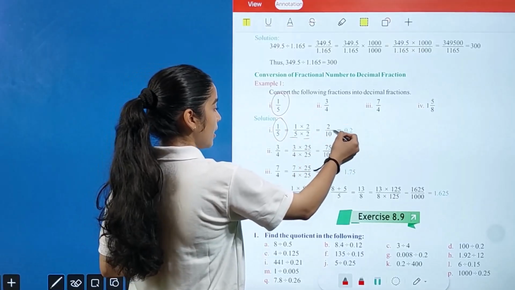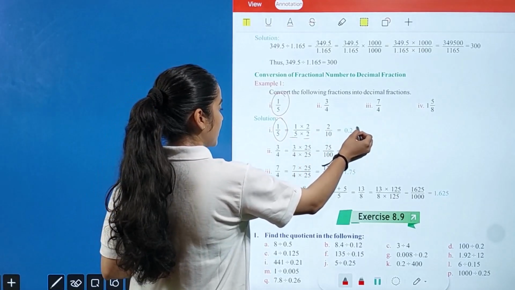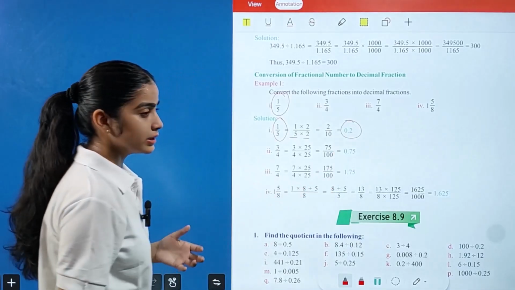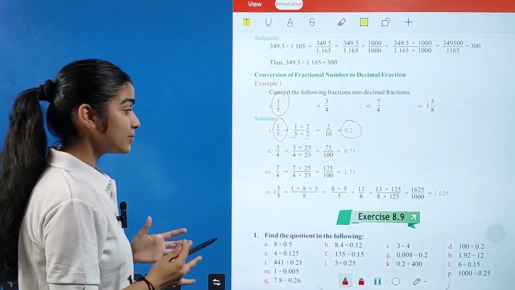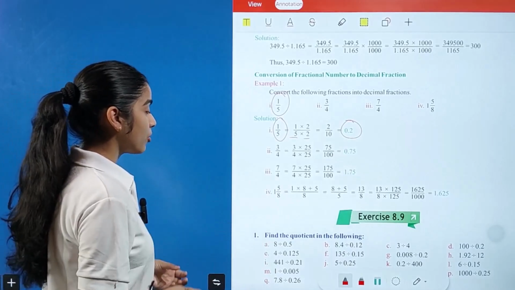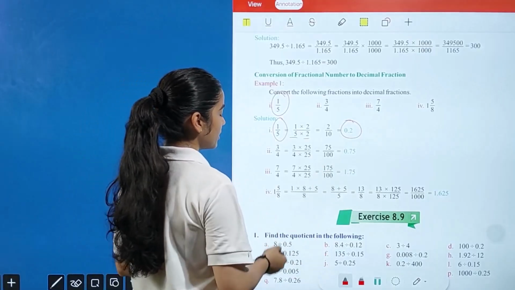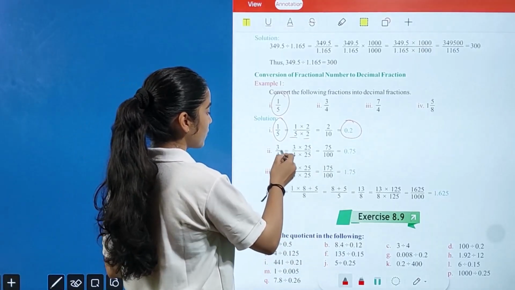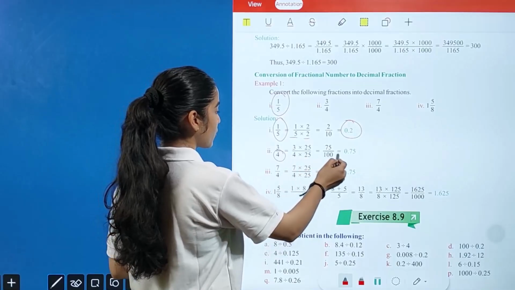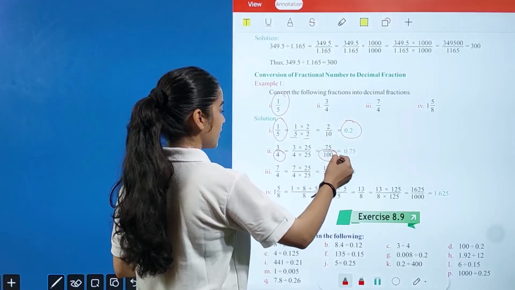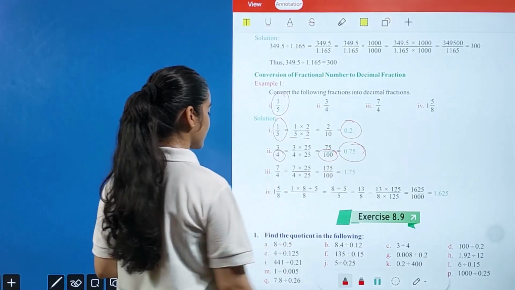We have 2 by 10, and then we can easily convert this into 0.2, because we already learned in the above section that a decimal is where we have a denominator that is a multiple of 10. We just repeat the same thing here. Next, 3 by 4. We have to multiply 4 by 25 to get a denominator that is a multiple of 10. Now 75 upon 100, your answer is 0.75.